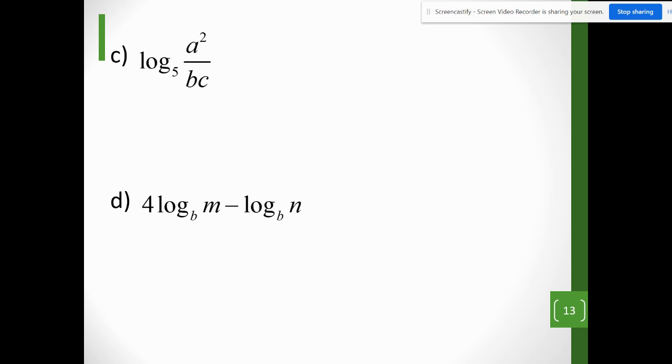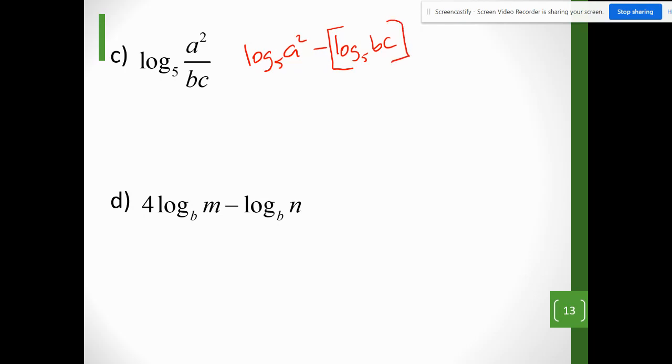Take a look at this one. First of all, I'm just going to write this as log base 5 of a squared minus log base 5 of bc. Because I have a fraction, so I have a division. Don't I split that as a minus of two logarithms? But then I want to emphasize one thing right here too.